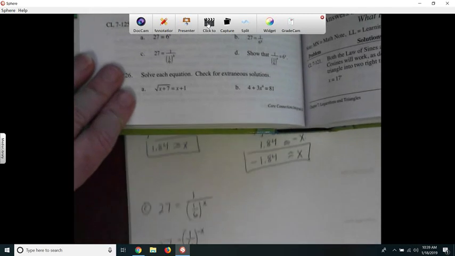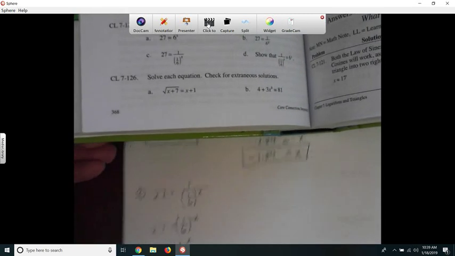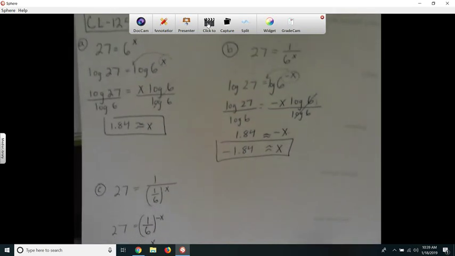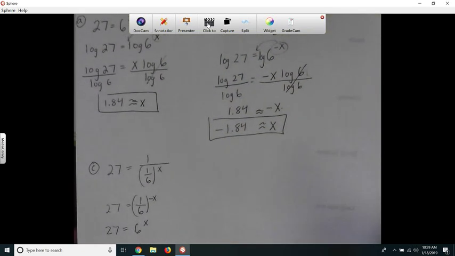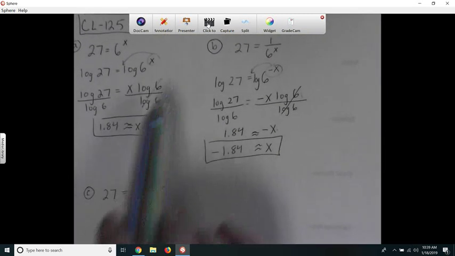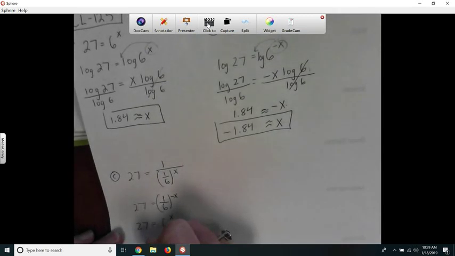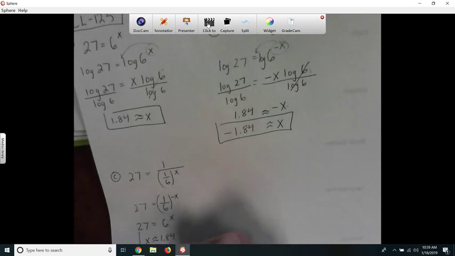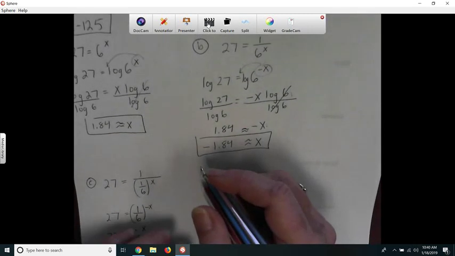Well, wasn't that our first problem? So I'm going to just skip the calculations because, let me take it out so you can see both of them. Because they're the same thing, aren't they? 27 equals 6 to the x. This is 27. So this, we already kind of know, because we've already done the problem, that x is equal to about 1.84.